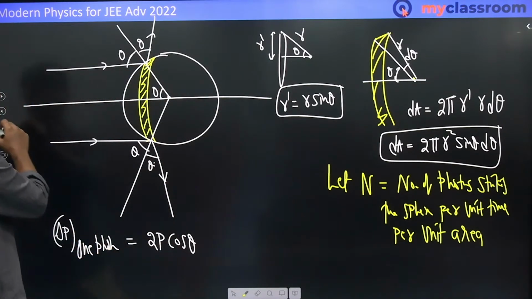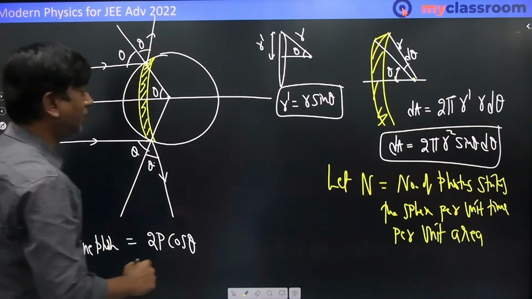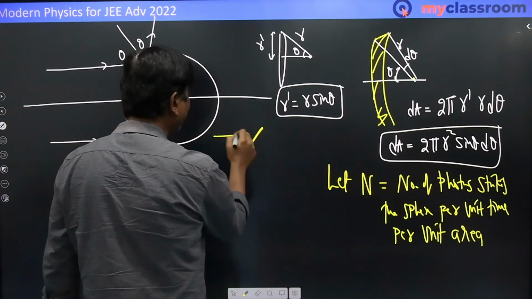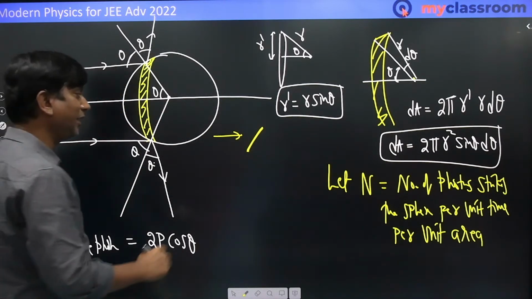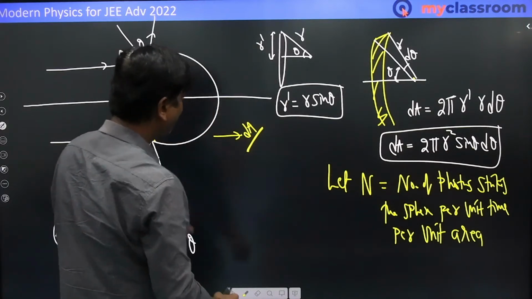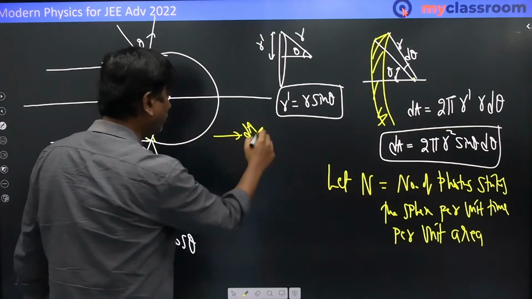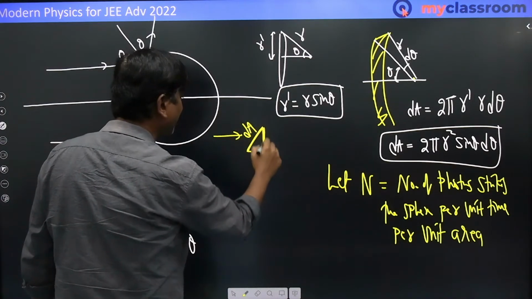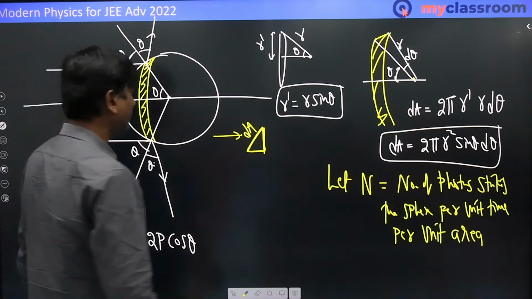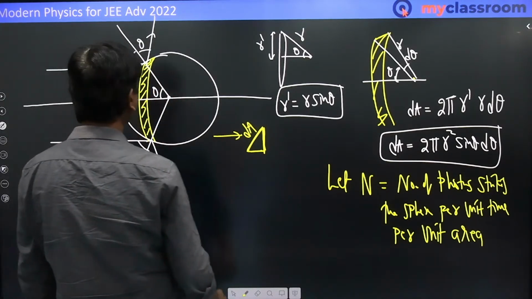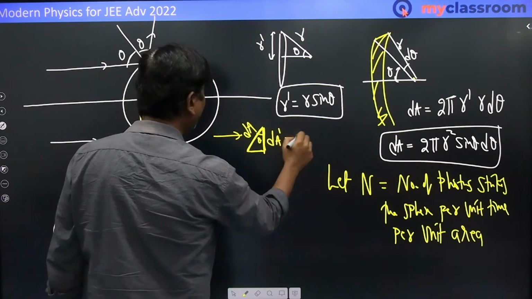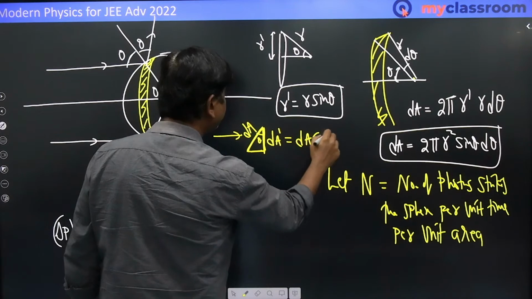So for that also I have to account. This is the area you are selecting, dA, but the photons are coming like this. So I will take the area which is normal to the incident photons. Since this was theta, this will also be theta, so this becomes dA dash, which is equal to dA cos theta.